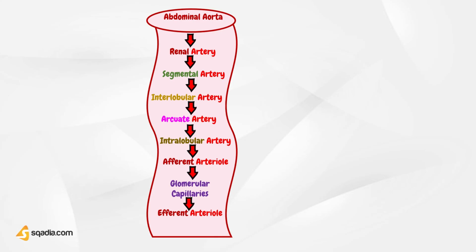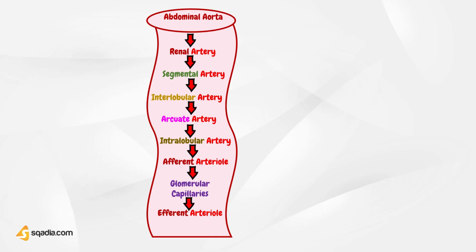Efferent arterioles form a second capillary network called peritubular capillaries, which surround the tubular portions of the nephrons. Thus, the renal circulation forms a portal system by the presence of 2 sets of capillaries, namely glomerular capillaries and peritubular capillaries.